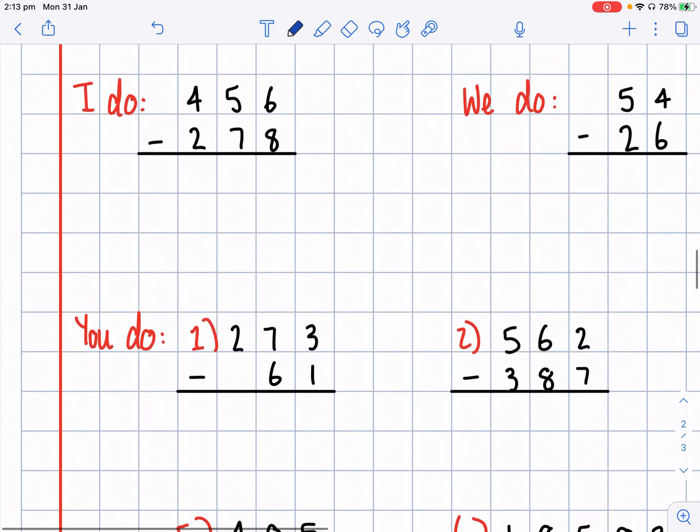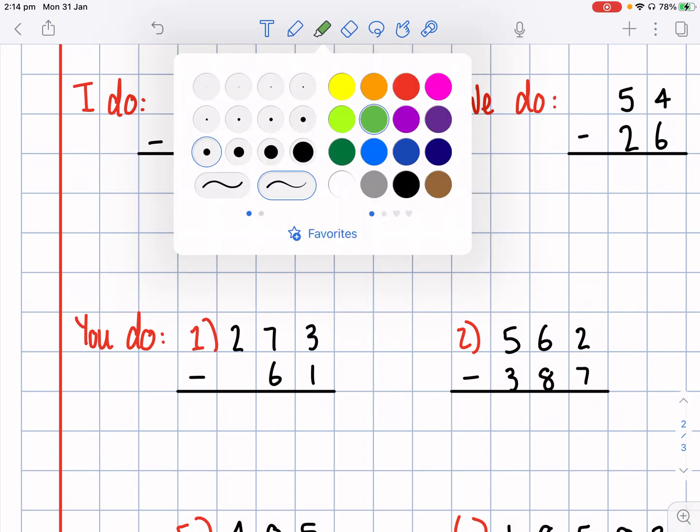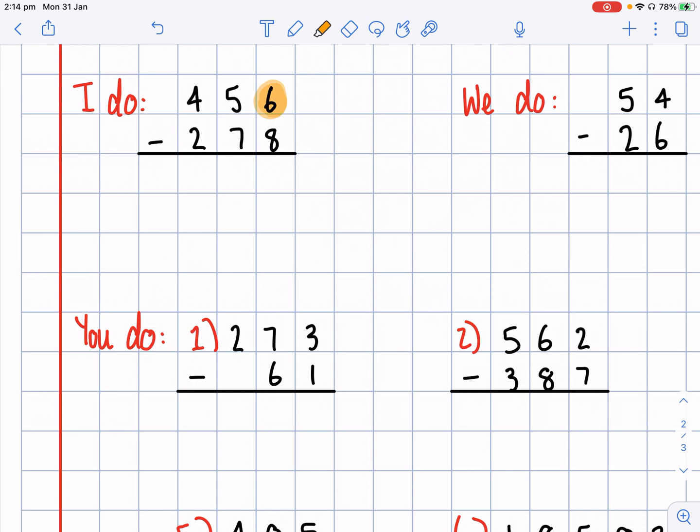Let's have a look at this I do. Now we do have this problem where the number on the bottom is bigger than the number on the top. We're going to have to do something called borrowing. So for example, 6 minus 8, I can't do straight away. So what I'm going to do is borrow 10, because next to it, this 5 is technically in the tens column, which means it's 50.